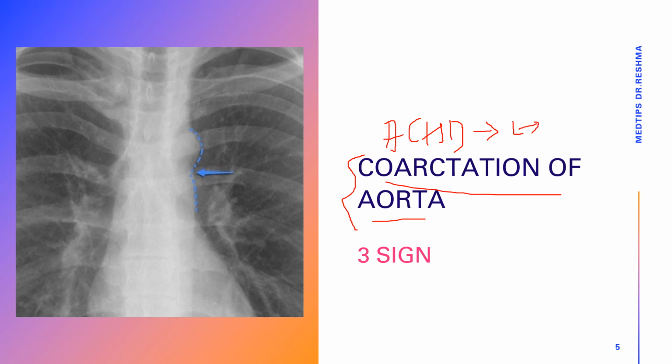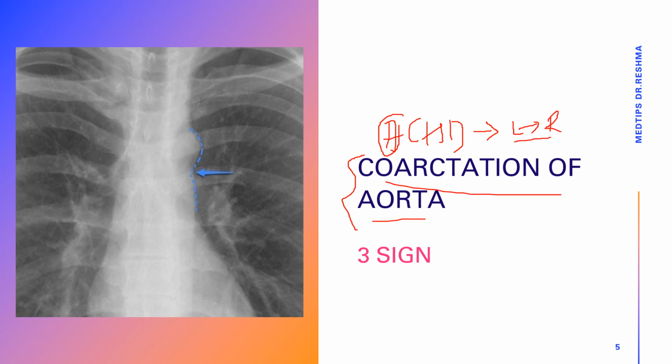That's why the baby is not having cyanosis. There are a few more conditions we can discuss in other slides. So here just remember, coarctation of aorta comes under acyanotic congenital heart disease. That means the baby won't have cyanosis, and this is because of the left to right shunt.